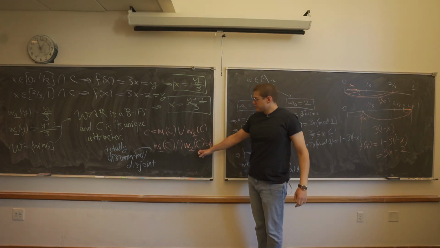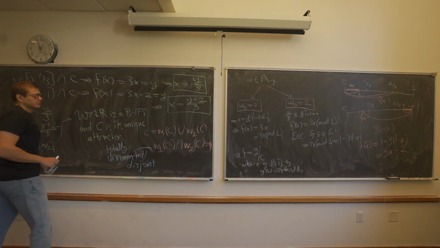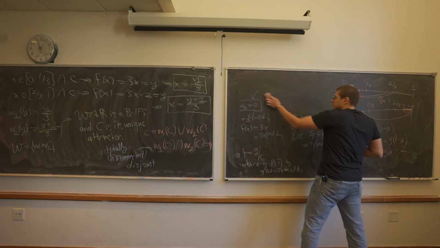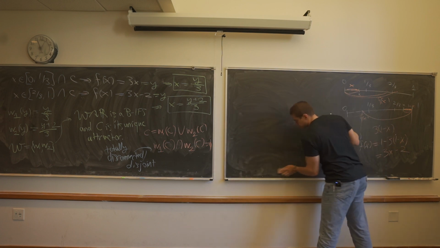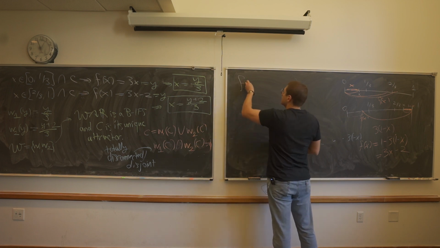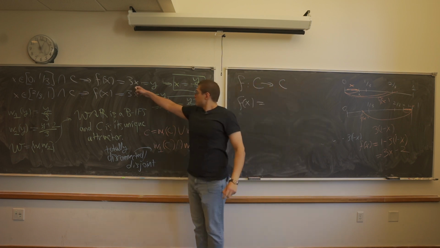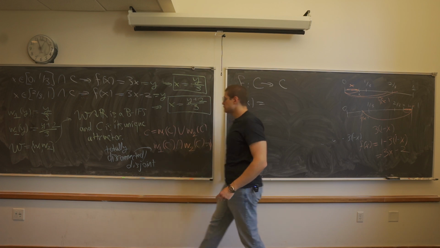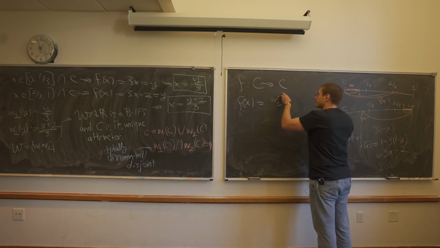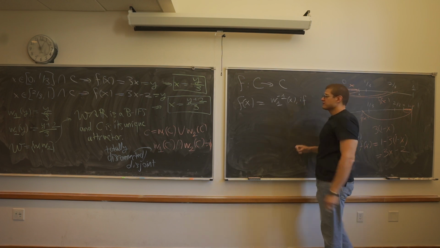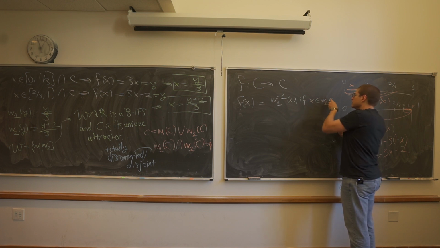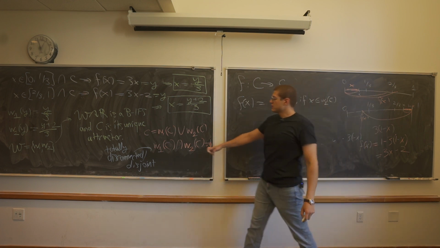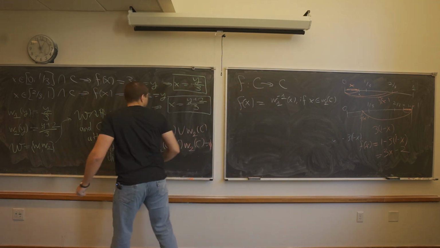Based on this, I can now write down F using W. I can say this: F of x equals the inverse of W1 if x is in this piece, and it is equal to W2 inverse if x is in the other piece.